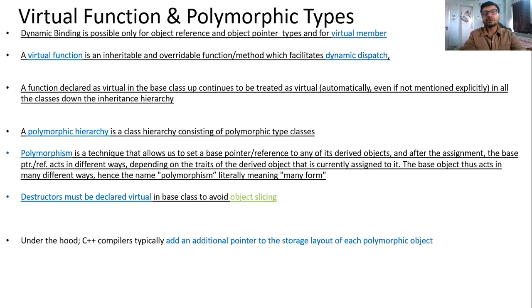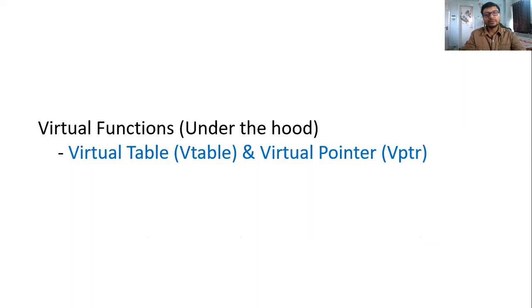So when we try to deallocate or delete the object through the base pointer, if the base pointer was pointing to a derived object, then it will be partially deleted and the derived portion will remain in the memory. So that is called object slicing. So for that, virtual destructors are required. So we found the use of virtual function, virtual destructors.